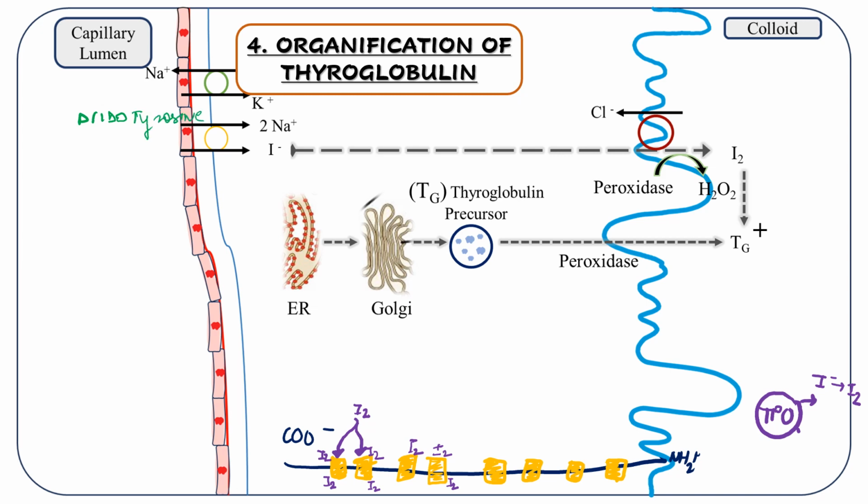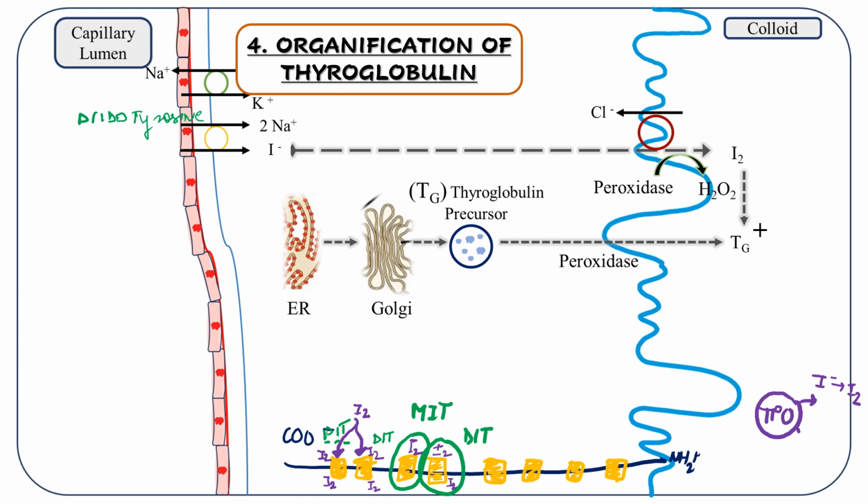So this becomes your DIT, diiodotyrosine. Again, now this is your DIT. Now here only one molecule of iodine is attached to one molecule of tyrosine. So one means mono, iodotyrosine. Again, two molecules attached to tyrosine, DIT. So now we have DIT and MIT formed.